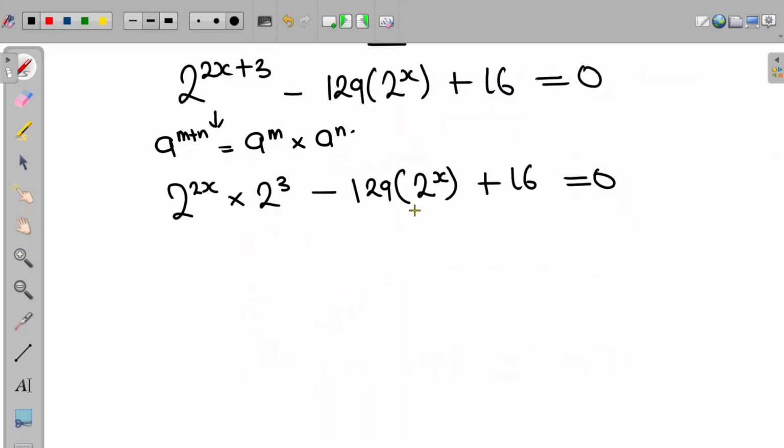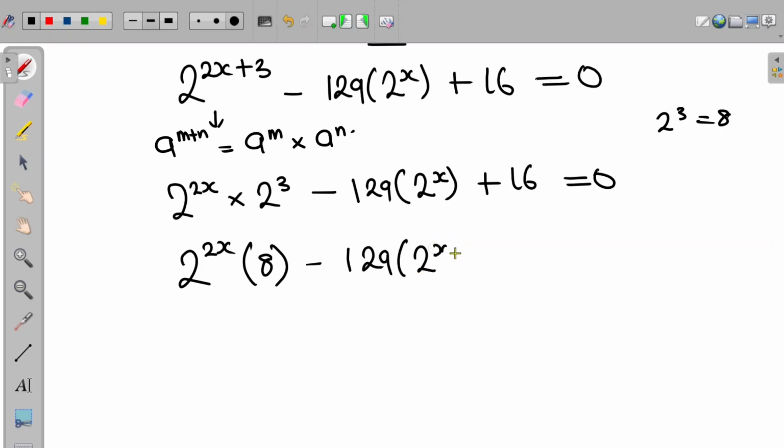So at this point, 2 raised to the power of 3 is equal to 8. So we have that this becomes 2 raised to the power of 2x multiplied by 8 minus 129 multiplied by 2 raised to the power of x plus 16 is equal to 0.